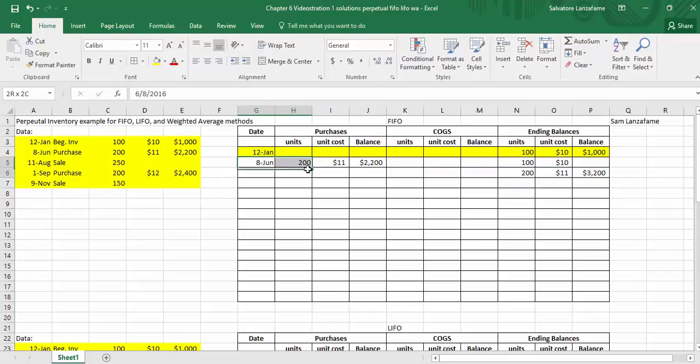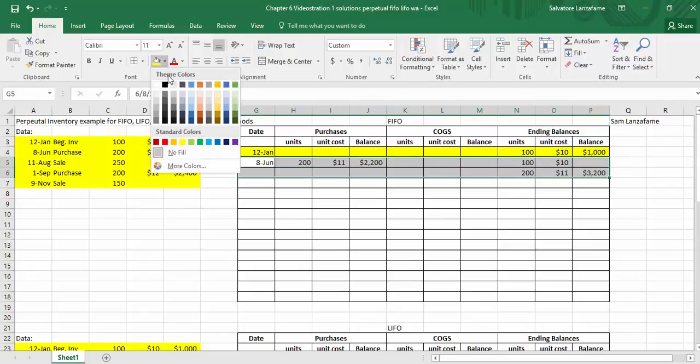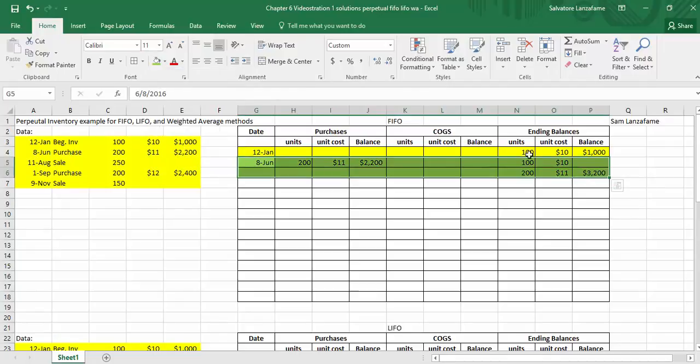I'm going to color code this new date in a different color. So I'll go with green here. So basically what I've just shown you is that on January 12th, we had 100 units at $10 for $1,000. On June 8th, the inventory balance now consists of those same 100 at 10, but now an additional 200 at 11. So I have to constantly show on every single date exactly what I have in inventory.